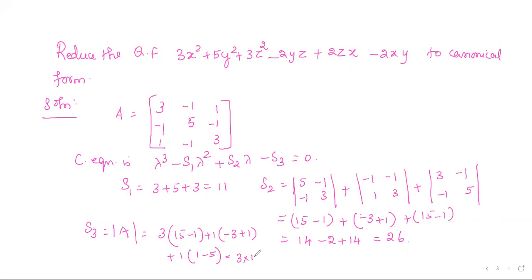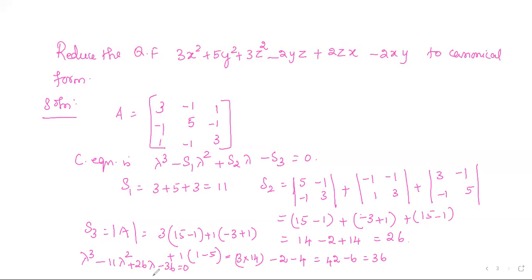So 3 into 14, then minus 2, and then minus 4. So 42 minus 6, therefore we will be getting 36. So the characteristic equation is lambda cube minus 11 lambda square plus 26 lambda minus 36.